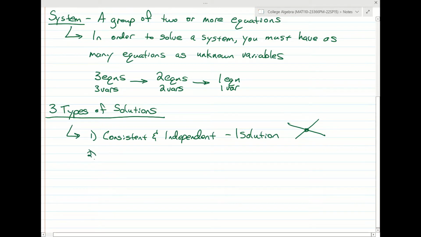We also have consistent and dependent. This just means an infinite number of solutions because they're the same line.